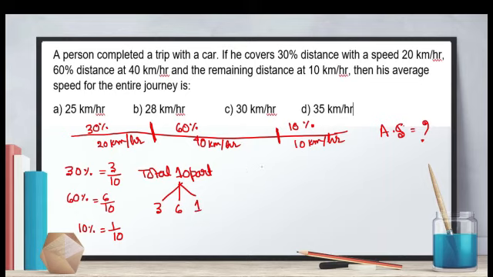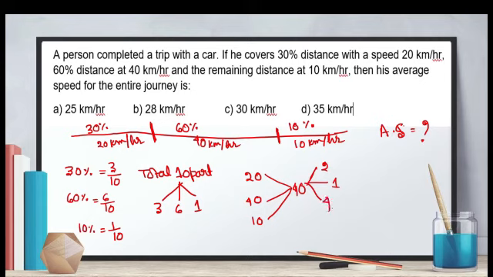Now we will take the LCM as usual. 20, 40 and 10. We will take LCM of these three. And what will be the LCM? LCM will be 40. And what will be the timing? If we divide 40 with 20, we will get 2. If we divide 40 by 40, it's 1. And if we divide 40 upon 10, it is 4.